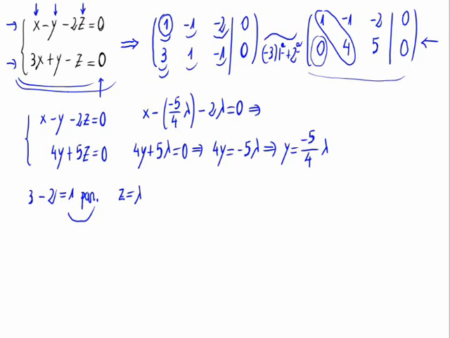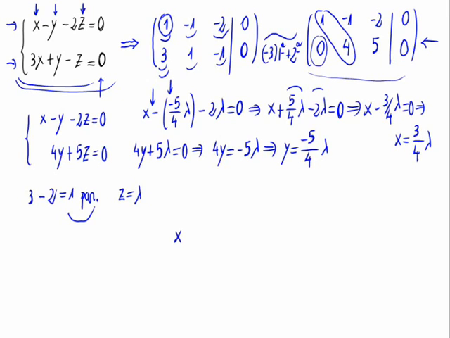This is x plus 5/4 times lambda minus 2 lambda equal 0. So x minus 3/4 times lambda, this is operating 5/4 minus 2, equal 0, and x is 3/4 times lambda.